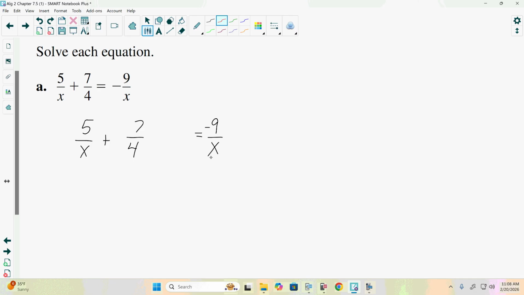So we can look at the one on the right. Negative 9 over x. What would we need to multiply it by to get that denominator to simplify? X, yes? Because if I multiply this by x, we would get negative 9x over x. Because it is multiplied, the x and x would cancel.